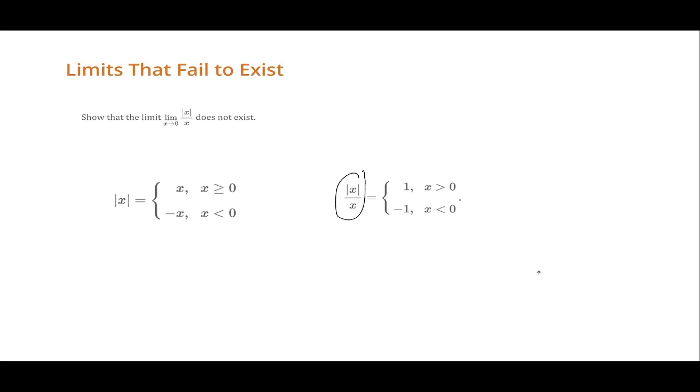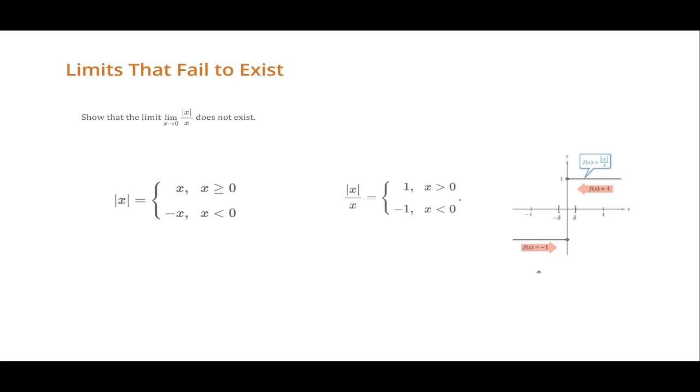But what happens at 0? Because dividing by 0 is undefined, we cannot have a value of this function when x is itself 0. If you try to plot the graph of this function, you can see that it's always positive 1 to the right of 0, and it's always negative 1 to the left of 0.